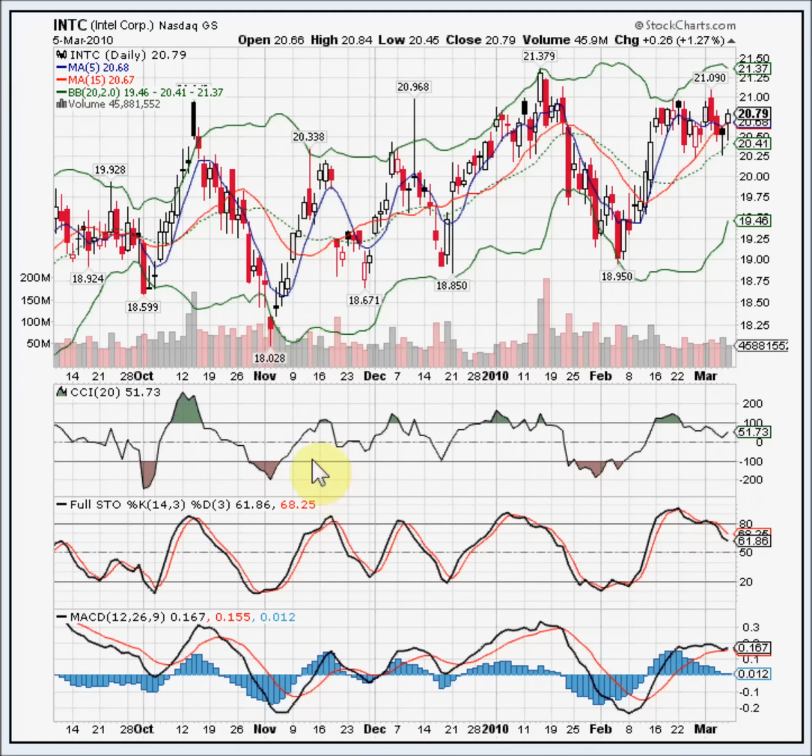The same thing happens with the CCI. When a stock is in an uptrend and it reaches the resistance of the middle Bollinger Band area, sometimes the CCI will turn back at the 0 line. Stochastics will turn back at the 50 line.